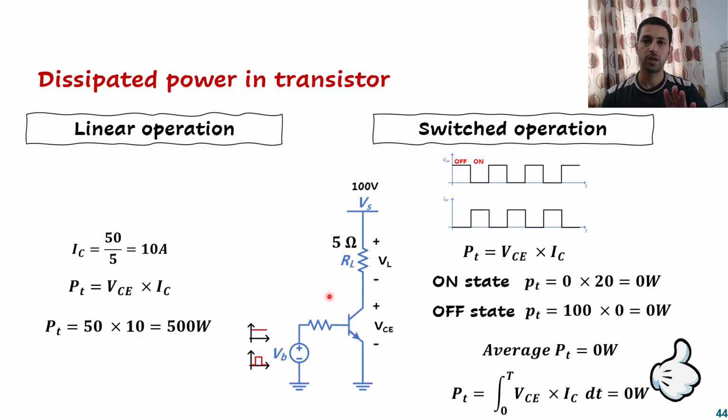Remember, the objective is 50 volt across my load. We discovered that the first way, linear mode, has about 500 watt dissipation. The second way ideally has zero dissipation, 0 watt, but practically we have some dissipation.